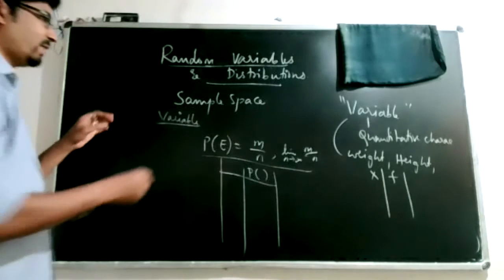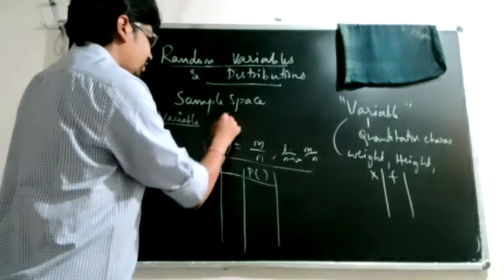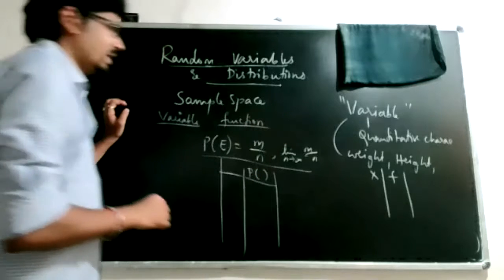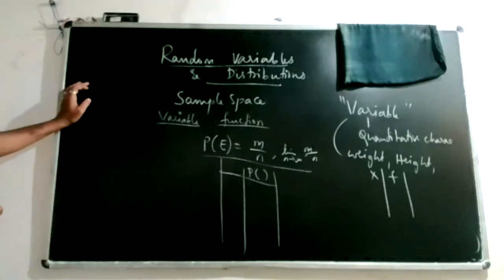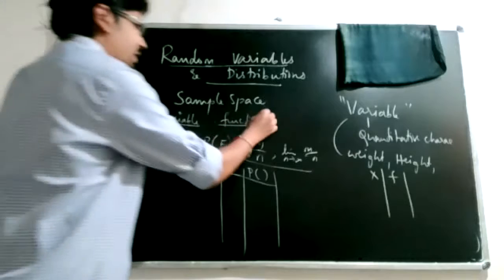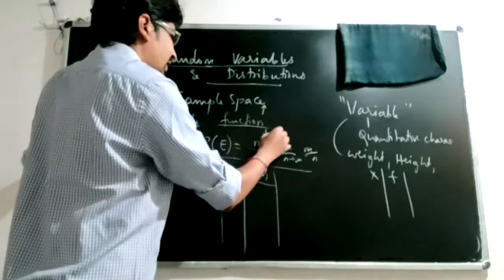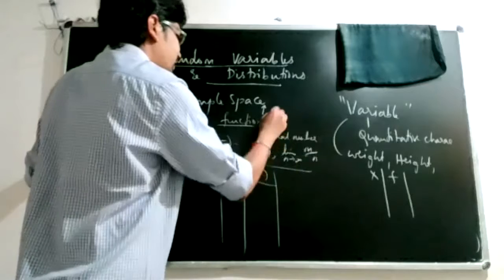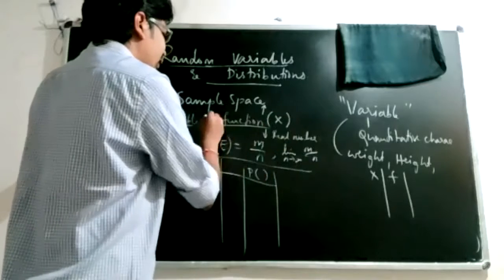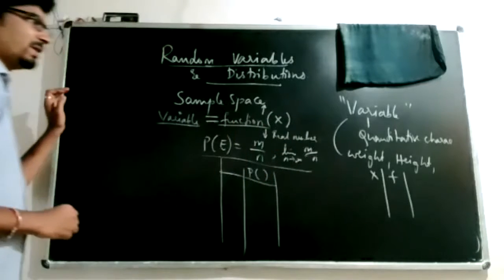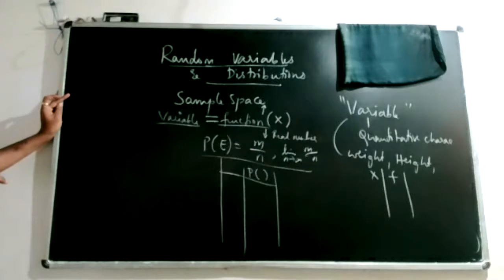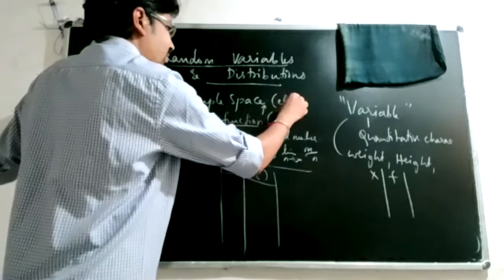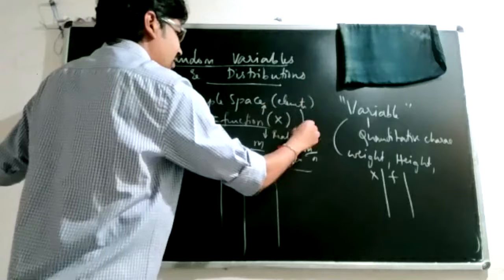So what we define is a simple statement which we call a function, a mathematical function from sample space to real numbers. We use a function which we generally call a random variable, that is a function defined on sample space which converts every element of the sample space into real numbers.